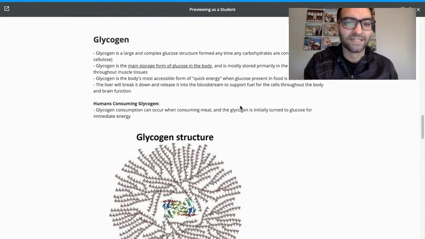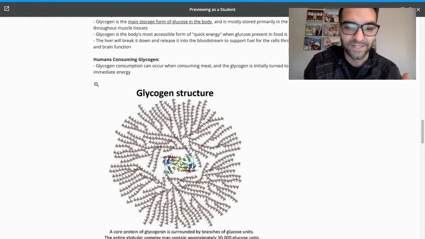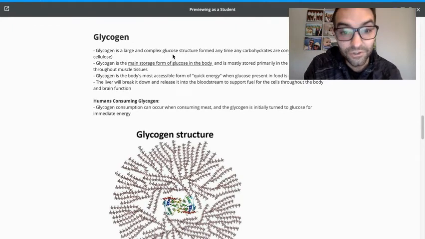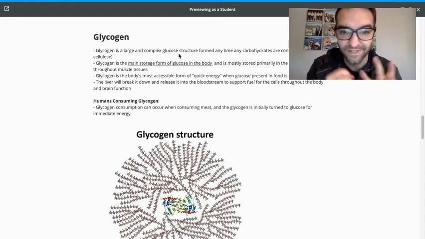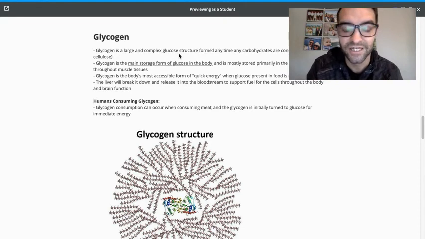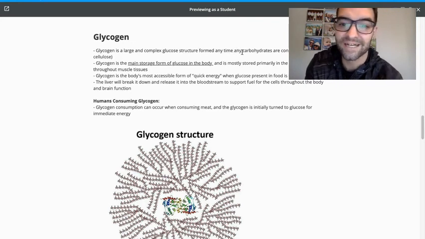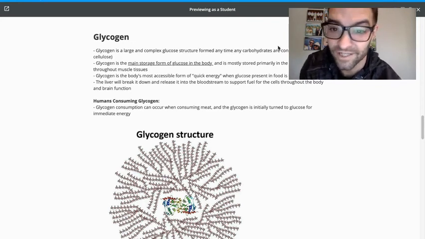Now, glycogen. Nice big structure here. Glycogen is a large and complex glucose structure. Again, when I said glucose was the most important one, you're hopefully seeing a pattern. It is reused and used in plants and animals. It's a complex glucose structure formed anytime any carbohydrates are consumed.